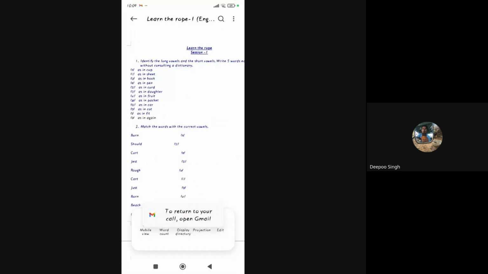Okay. All right. So for the first question, we are going to look at the long and short vowels, right? Let's look at this. I am going to read out the word for you. It's already given for your reference there, but we are going to look at it anyway. This is a sound identification thing, so we can just read the words along.